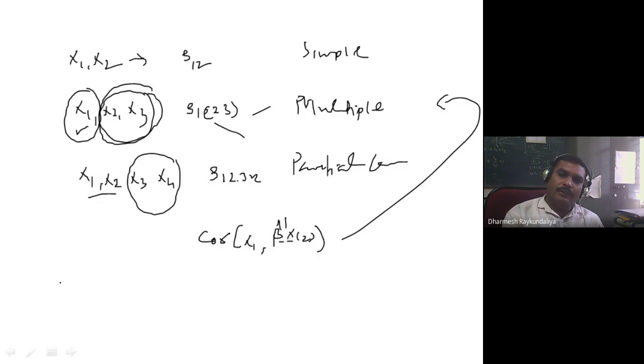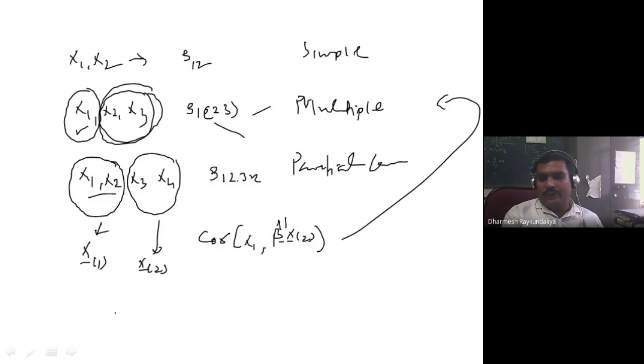But suppose I wish to find out the correlation between the vector x1 and the vector x2. Okay, so that means it is a correlation between the two sets of variables or the two vectors of variables.